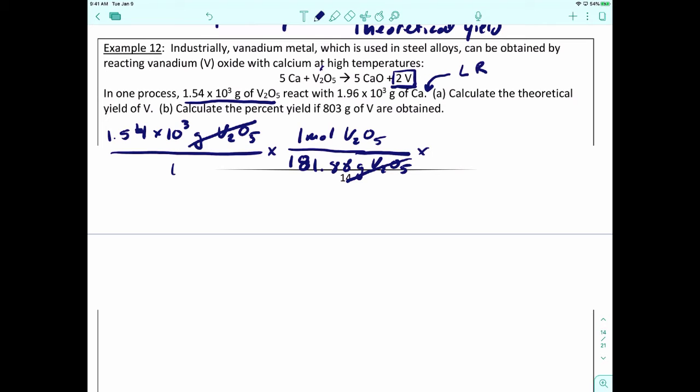Now we need to convert from V2O5 to moles of vanadium. So I'm going to use the stoichiometric coefficients to help me do that. We've got 1 mole of V2O5 under 2 moles of vanadium, so that the moles of V2O5 cancel out and we're in moles of vanadium. If we multiply 1.54 times 10 to the third times 2 divided by 181.88, the number I get is 16.93 moles of vanadium.